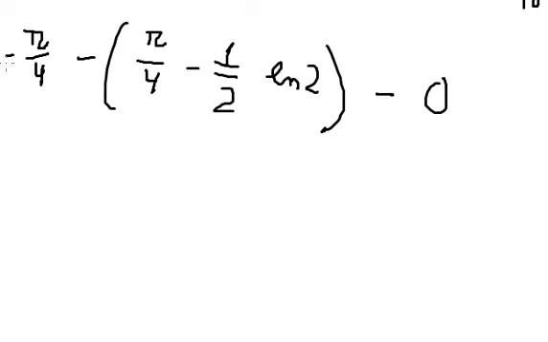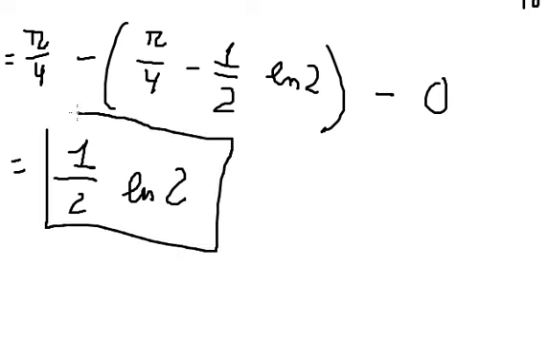Now we simplify this one, π/4 minus π/4, they cancel, negative with negative. So you get positive 1 over 2 ln of 2. And this is the answer for the question in here.